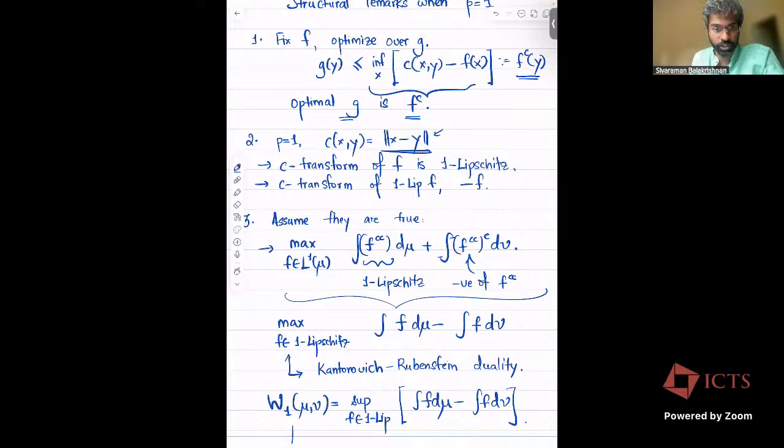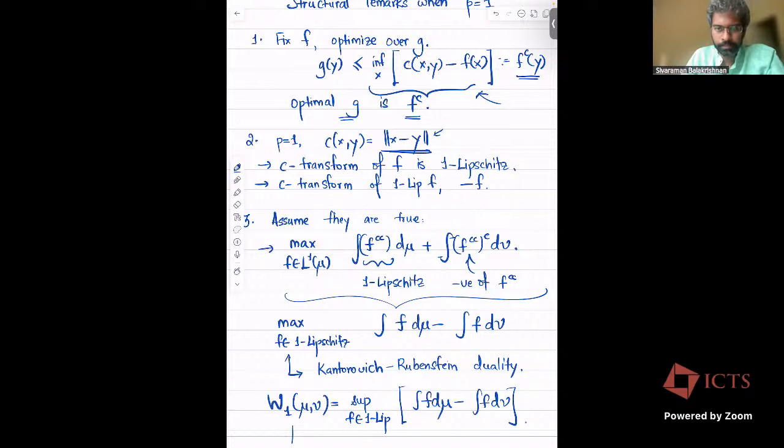This is not the Fenchel conjugate of a convex function, so it is not the case that f^{cc} is equal to f. I have defined the transform here. If I started off with a function that's not 1-Lipschitz, f^{cc} is not the same as f.